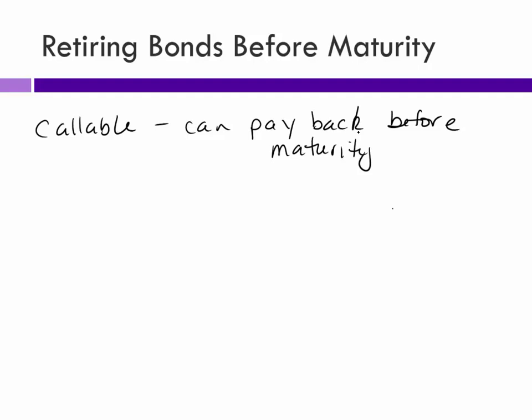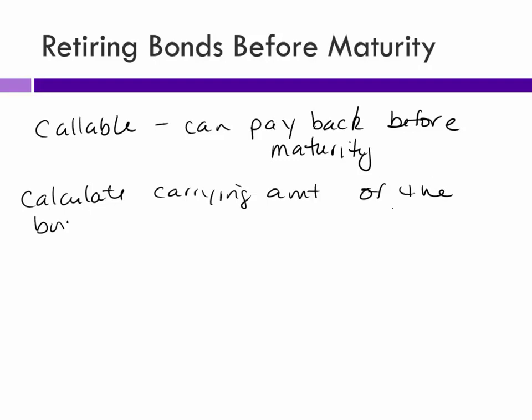So if you're calling the bond before maturity, you need to calculate the carrying amount of the bond. And the carrying amount is always the face value of the bond plus any non-amortized premium.